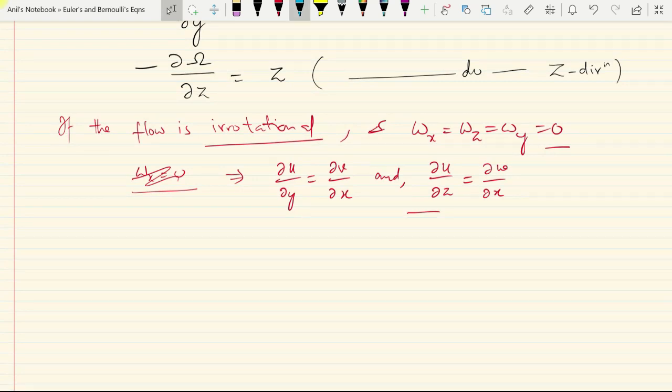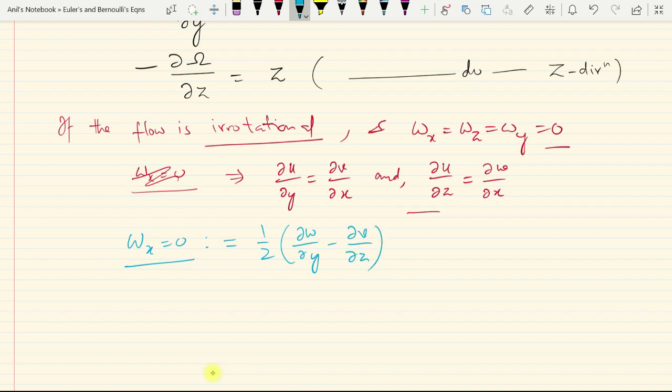Omega x, we know that it is given by half del w by del y minus del v by del z. And if this is 0, we will get del w by del y is equal to del v by del z.